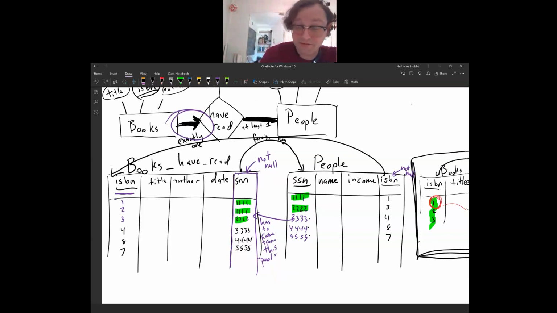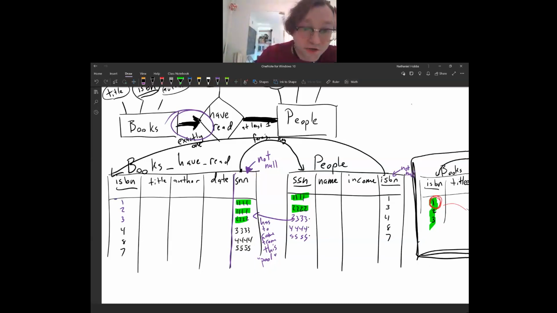Now, for each of these books that appears exactly 1 time, there has to be a social security number associated with that book, and that cannot be null. So that ensures that every book has been read. And every book appears exactly 1 time, therefore every book is read exactly once.